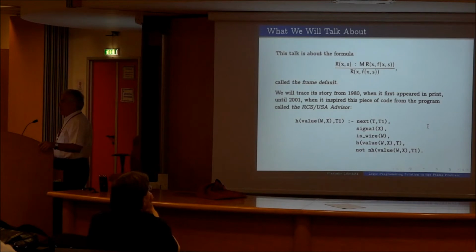And the RCS USA Advisor was the program used to verify that the design of this reaction control system was such that it would work even in the case of multiple failures, if several parts of the system malfunction at the same time.